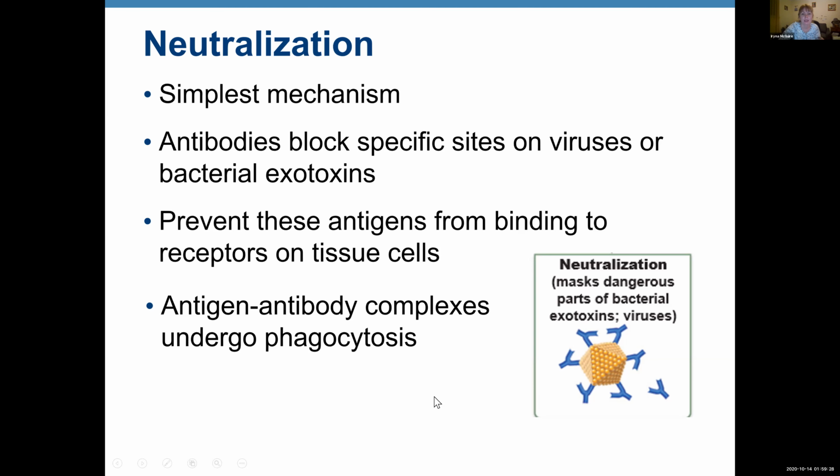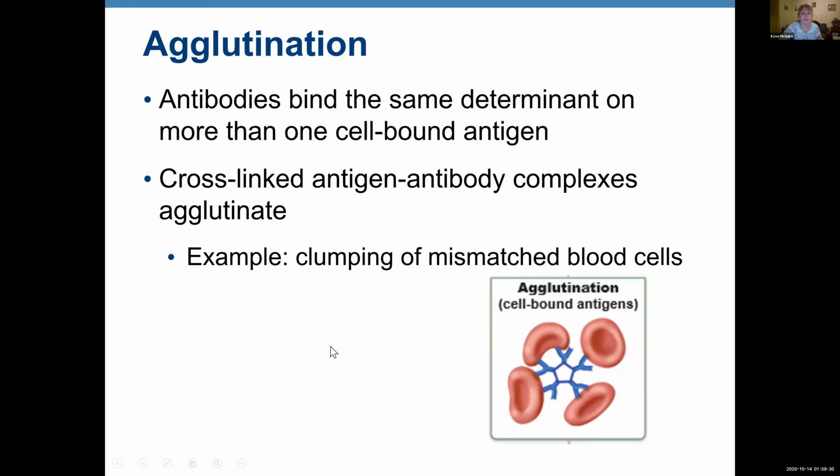So that's neutralization. Agglutination is when antibodies bind to the same determinant on more than one cell. So here's one antibody, it binds to this cell and this cell, right? This one binds to this cell and that cell, and they form these cross-linked antigen-antibody complexes, and they agglutinate or clump together, right?